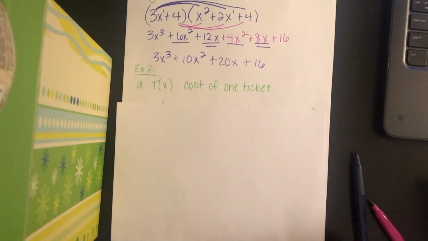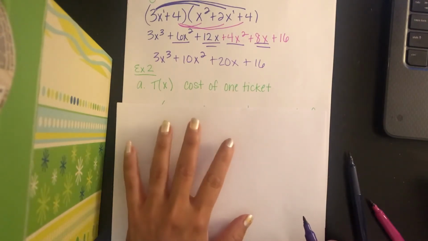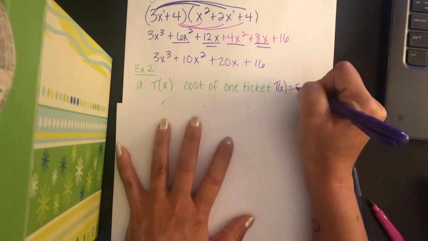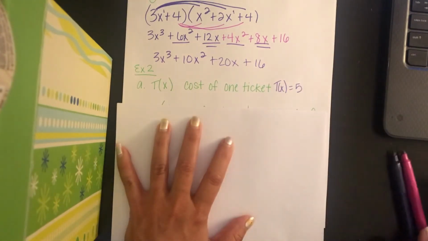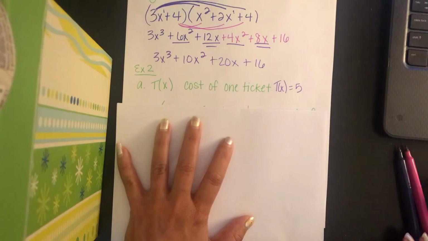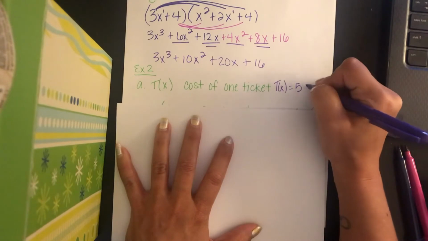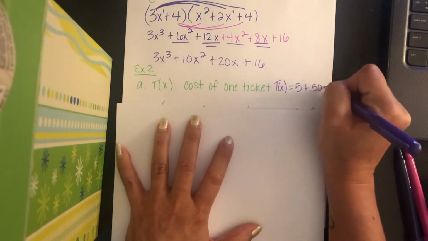So the cost of the ticket is $5. For each 50-cent increase in price, an average of 2 fewer seats will be sold. Let x represent the number of 50-cent increases. So 5 plus that 50-cent increase.